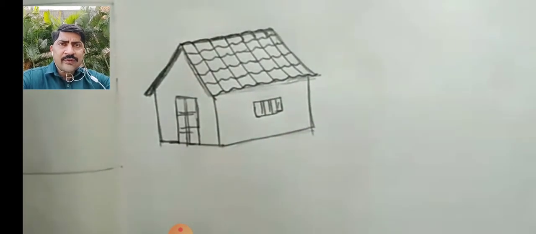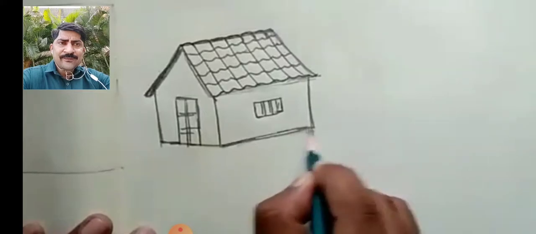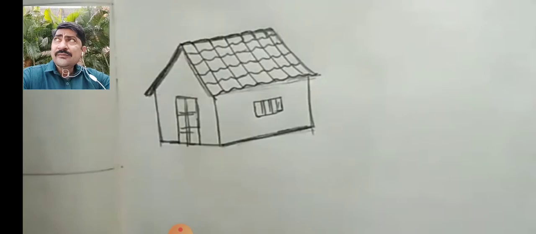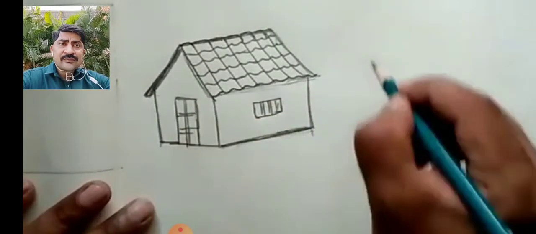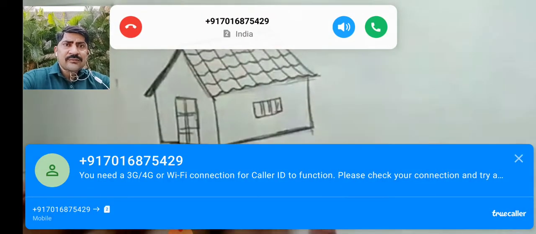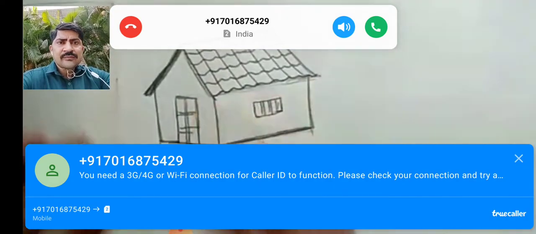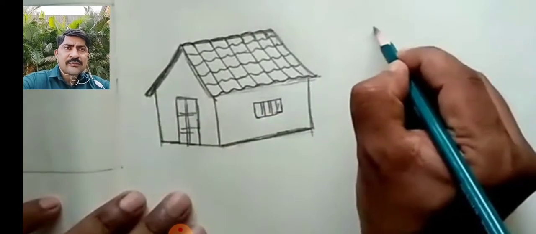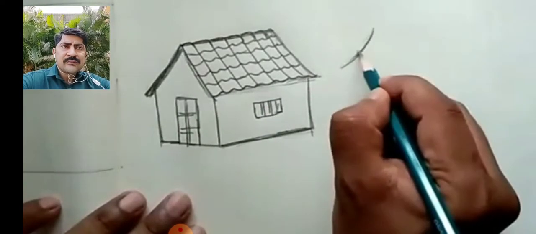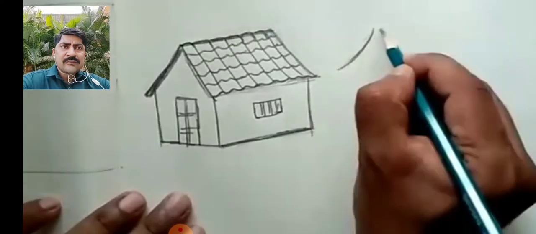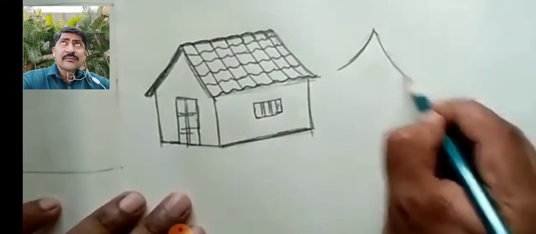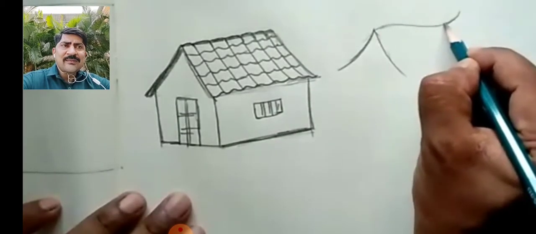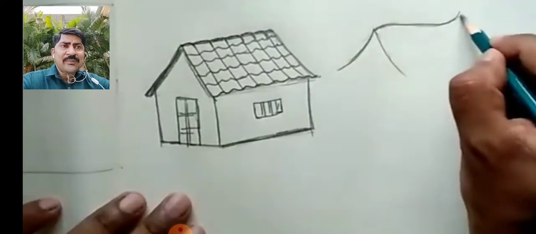Now we do the second type of house. Here we are doing the same shape of the house, but using curved lines.